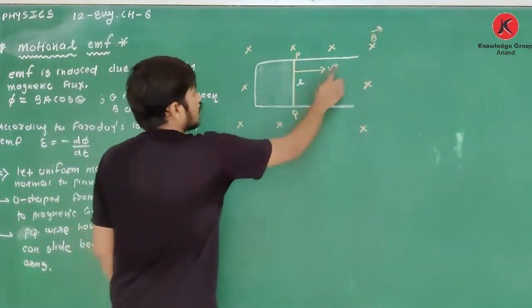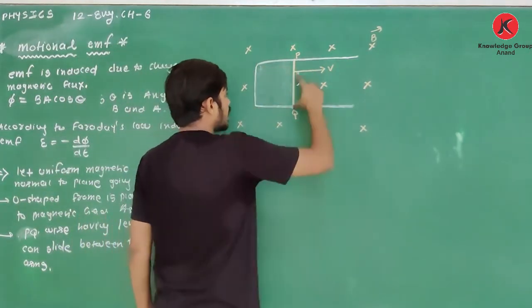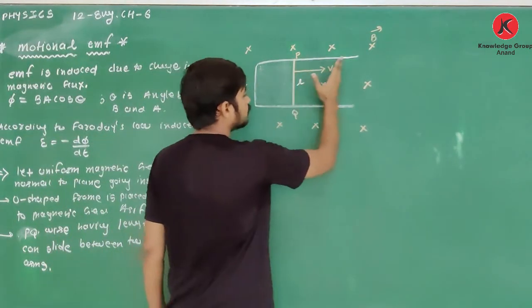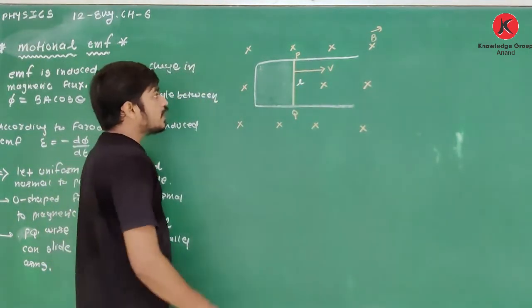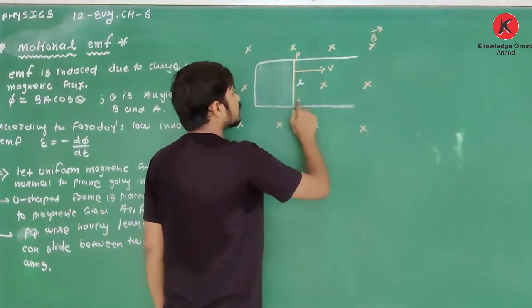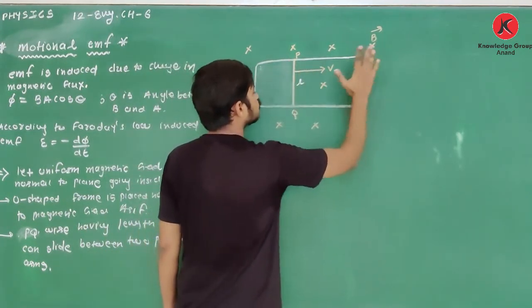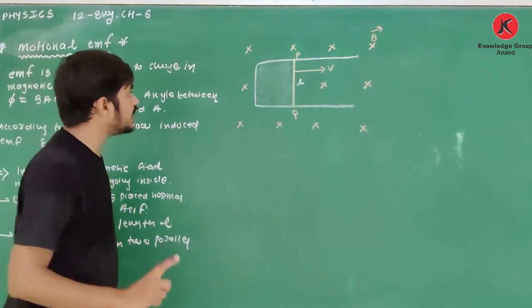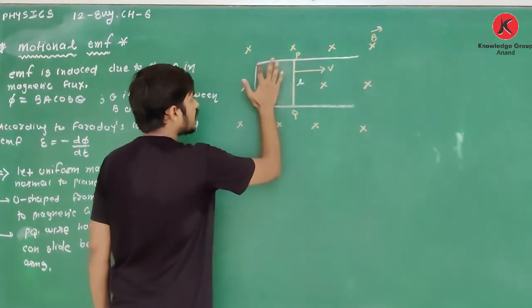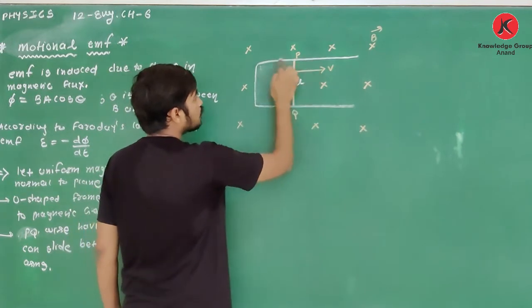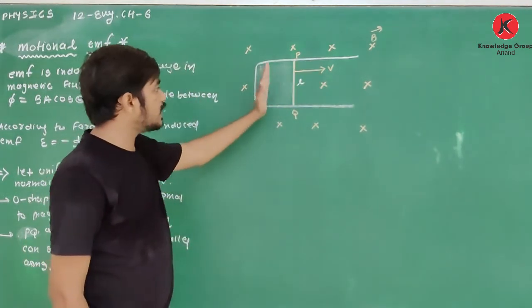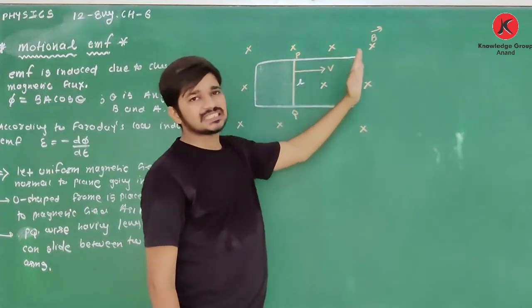Again, we have a U-shaped frame. A PQ wire is free to slide between these two parallel arms. If I slide this wire PQ with uniform velocity v towards right, then the area enclosed by the wire with the frame continuously increases.